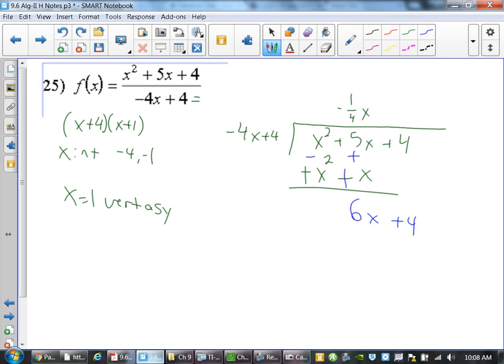How do you turn a negative 4x into a 6x? 6/4, exactly. Negative 6/4, which is negative 3/2.